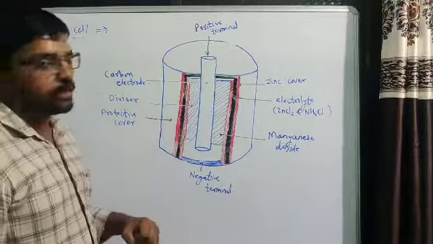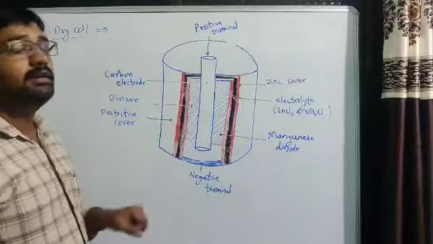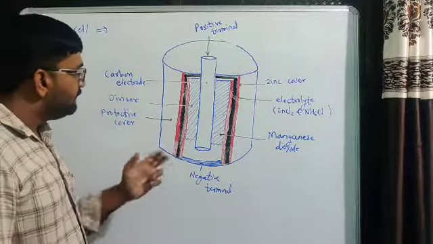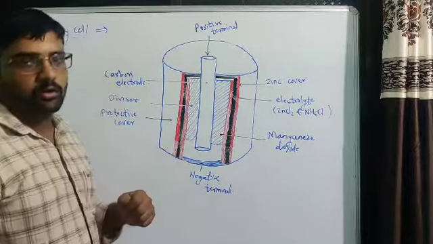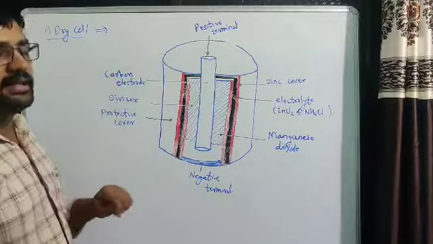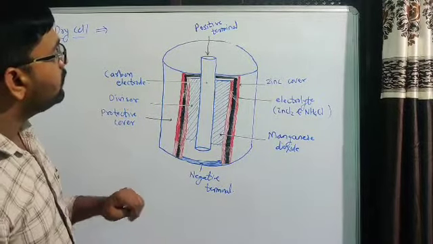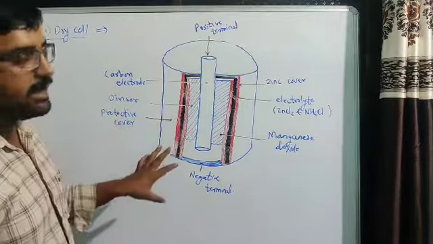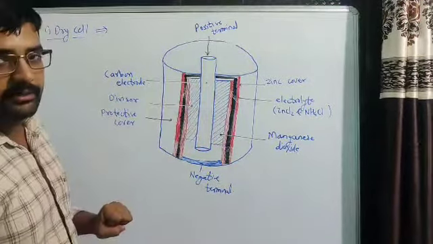Manganese dioxide is the divisor used here in between the zinc cover and the carbon rod. Now we have to see the working of this cell, how the charges flow by using these cells between the positive and negative terminals.